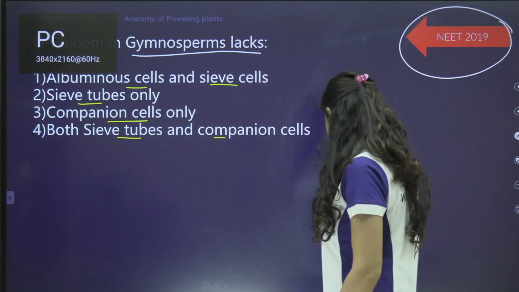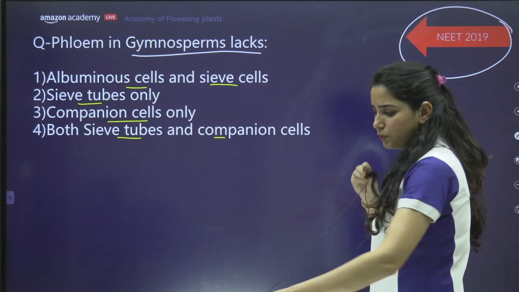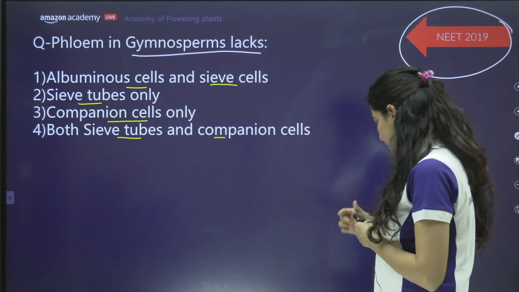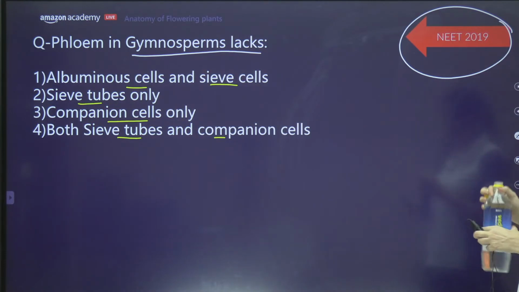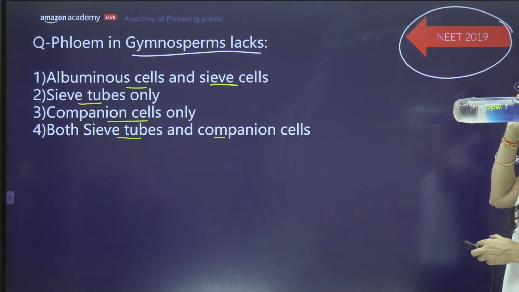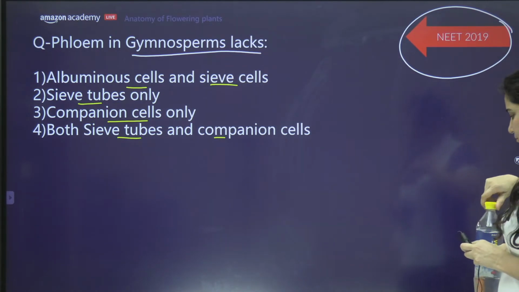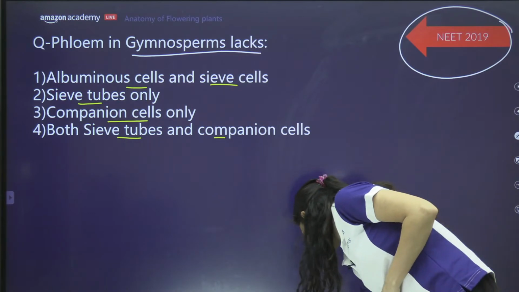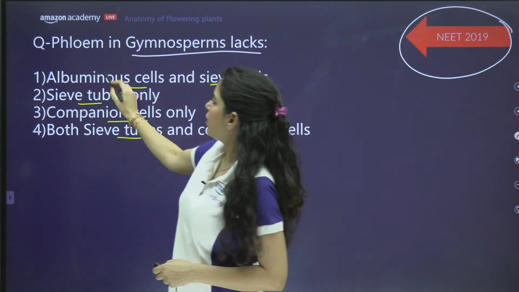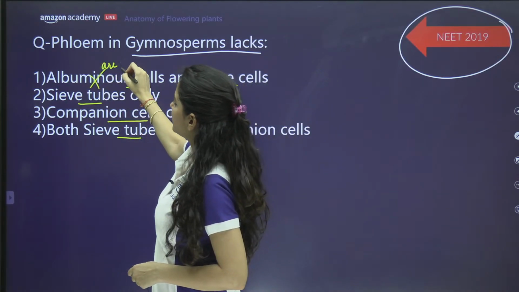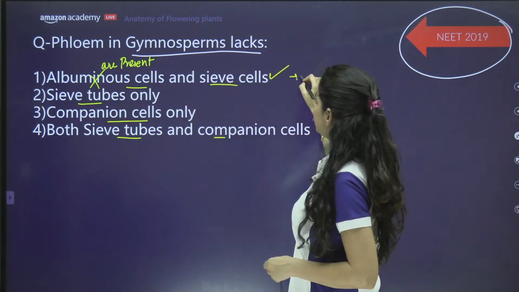क्या आंसर होगा? हाँ जी, माय वॉइस प्रॉपर्ली नहीं आ रहा, अब तो आना चाहिए. Yes, what do you think should be the right answer now? So albuminous cells and seed cells, no. Albuminous cells are present actually, and seed cells are also present.